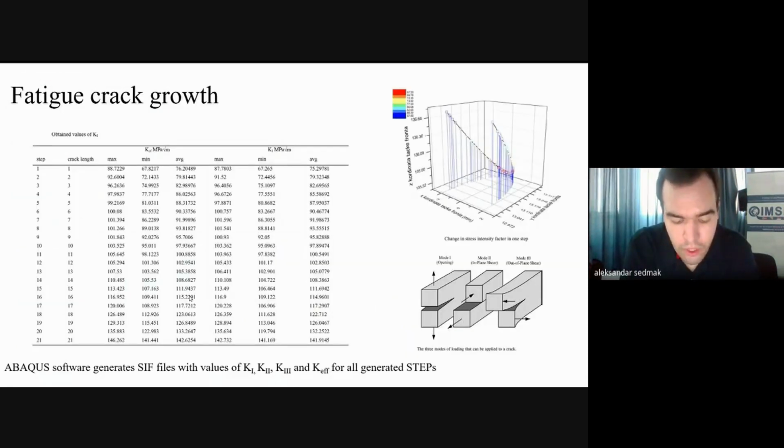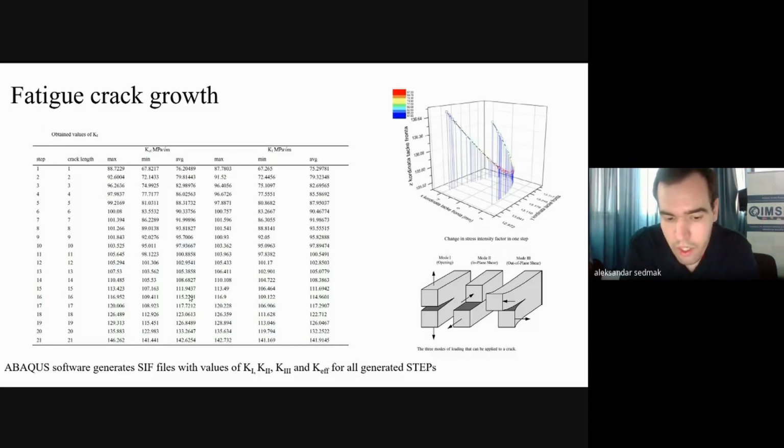Abaqus software creates steps during the fatigue crack growth simulation. So it will generate about 100 steps. Each step includes how many cycles it was performed, the simulation was performed in each step, and what you attain finally are the results of K1, K2, K3, and K effective for all generated steps.